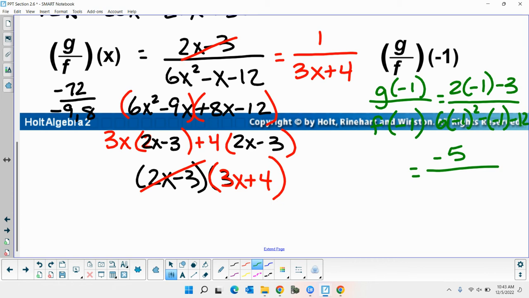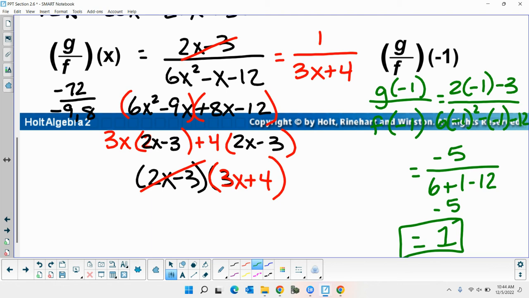And -1 squared is 1 times 6 is 6. -1 times -1 is +1. So 7 minus 12 would be -5 again. What's -5 divided by -5? 1. And if I put -1 there, I get 1 over 1, which is 1 also, right?